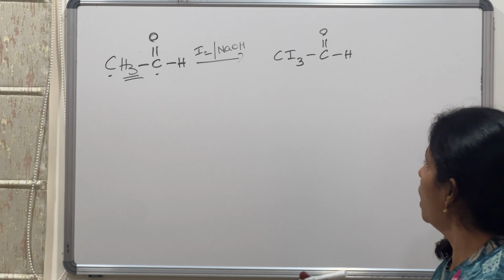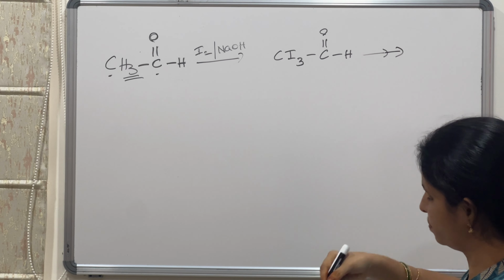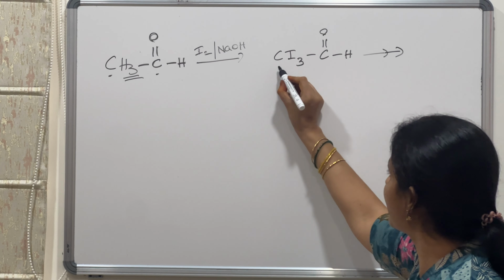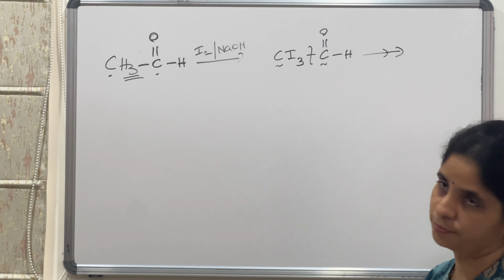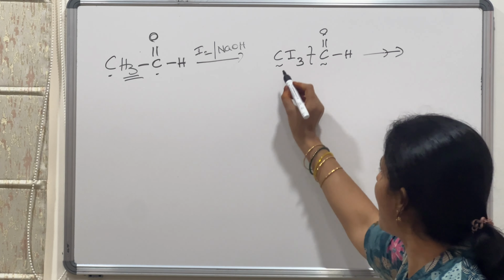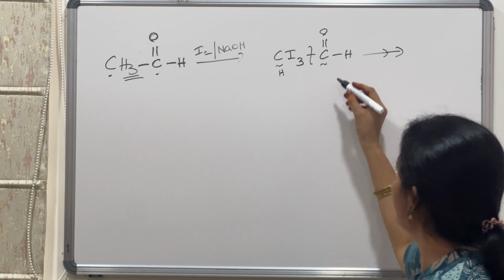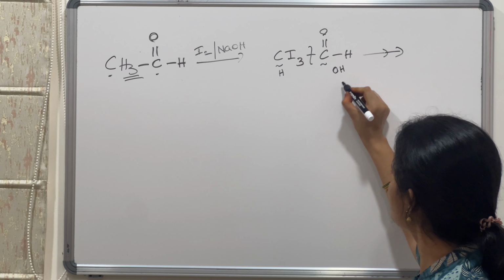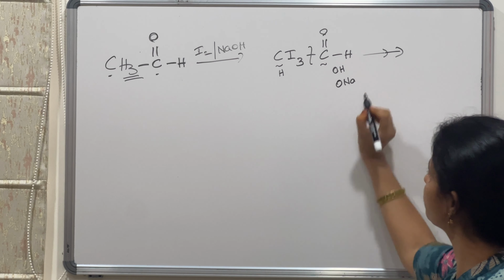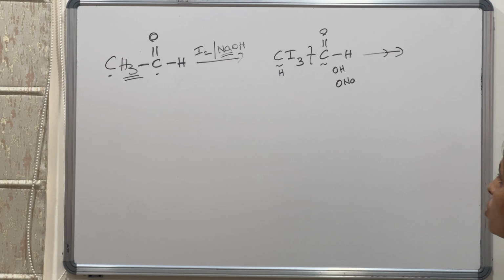Now after a few steps, you break the bond between this carbon and this carbon, and add hydrogen to this one, and OH or ONa to that side, because you are taking NaOH.